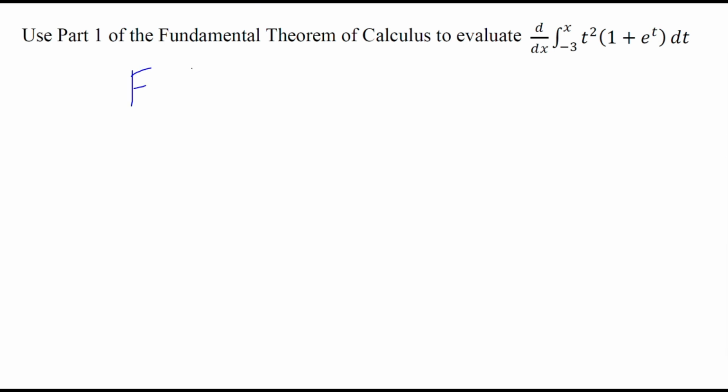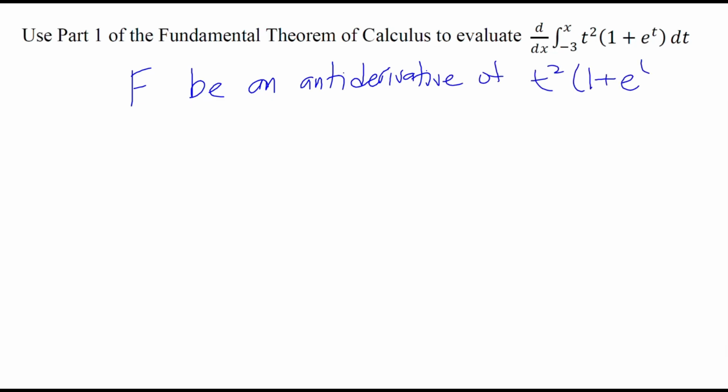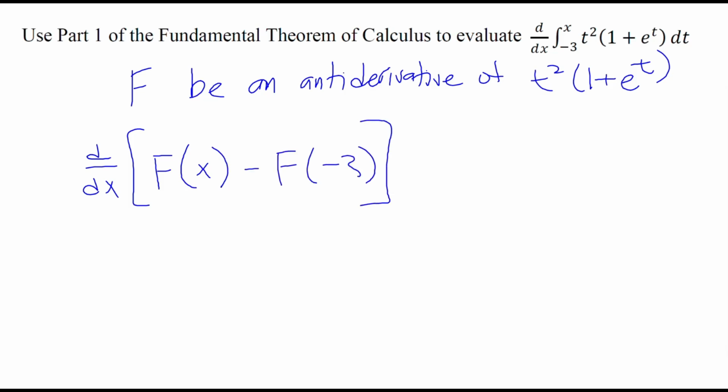We're just going to let capital F be an antiderivative of that function, t squared times 1 plus e to the t. Which means that the integral of that function is now capital F, and we evaluate at the upper limit and at the lower limit, and now we'll take the derivative.